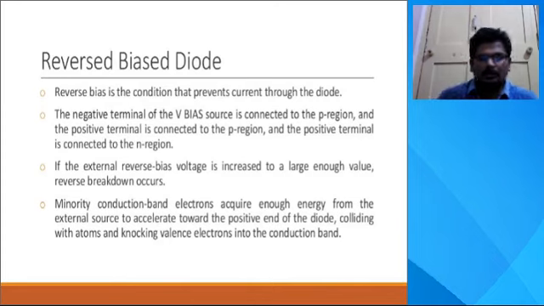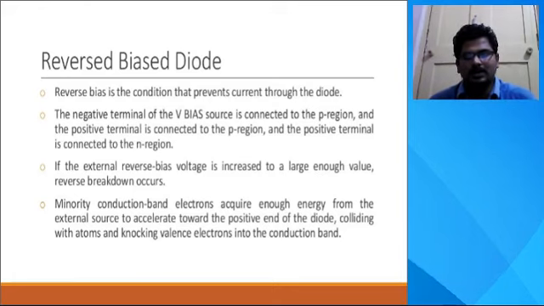And here, the conclusion for this point is, in forward bias the diode resistance is very low. It may be in ohms, like 100 ohms or 50 ohms, depending upon how much external voltage is applied.